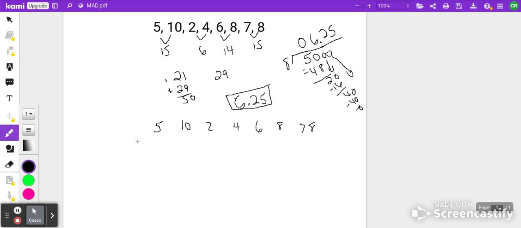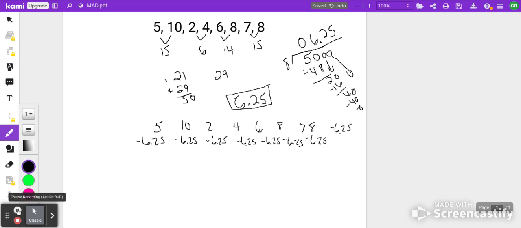And I'm going to subtract 6.25 from each one of these numbers. Hopefully you get the point here. Kind of running out of space. All right. So I'm going to pause the video and do that real fast.